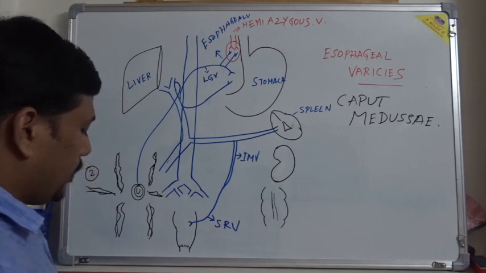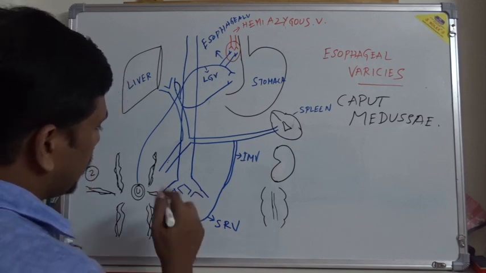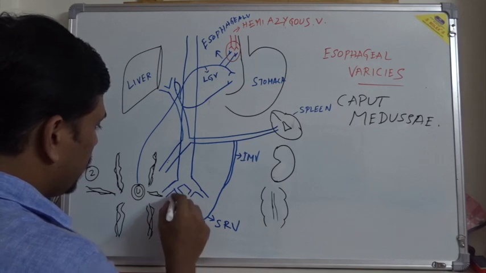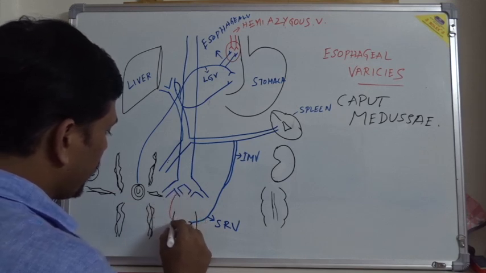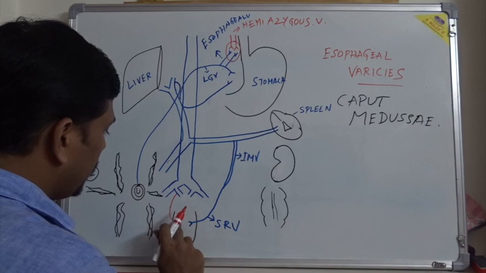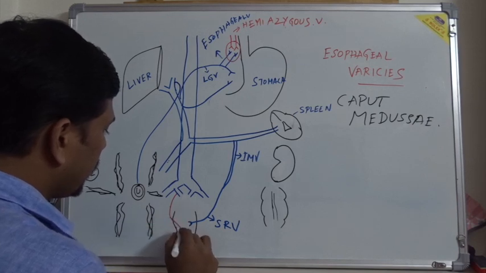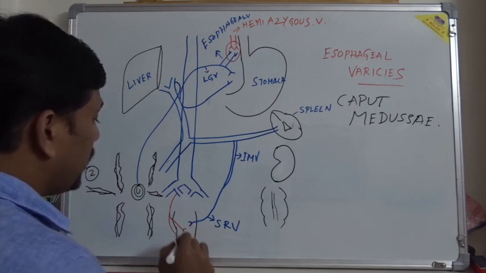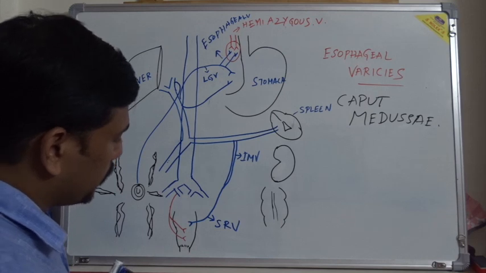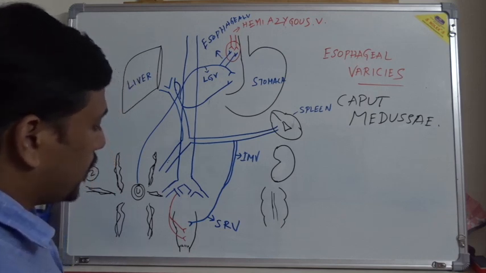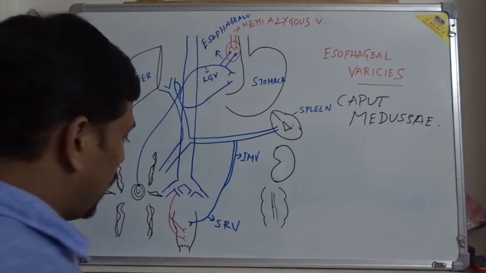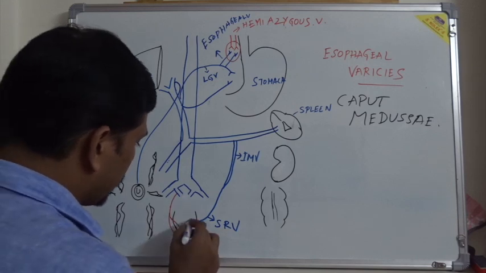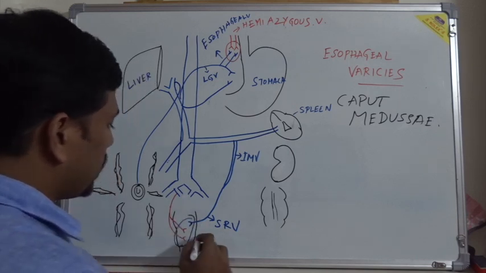From the caval system we have two important tributaries, the middle and inferior rectal veins. These will get anastomosed with the superior rectal vein to form another important portocaval anastomosis. This is the third site.